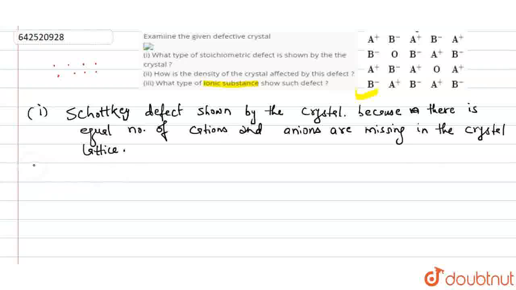Let's go to the second question. What does the second question ask? How is the density of the crystal affected by this defect? Okay, so how is the density of the crystal affected? So if we see, the defect leads to decrease in density.